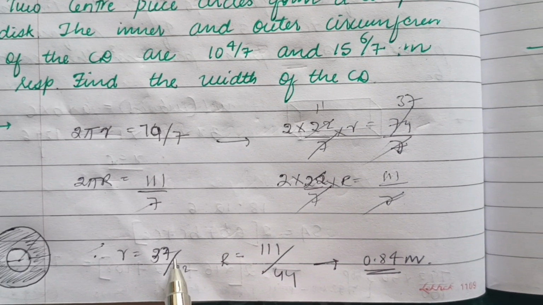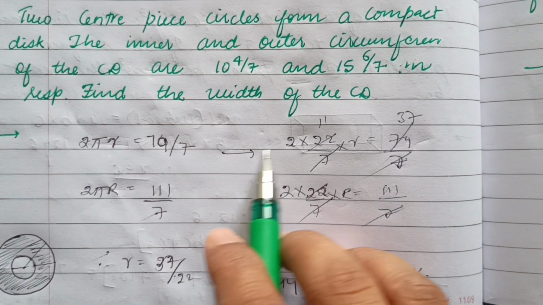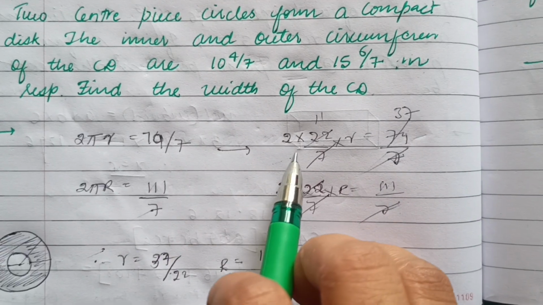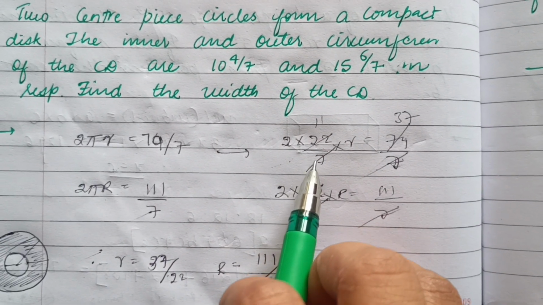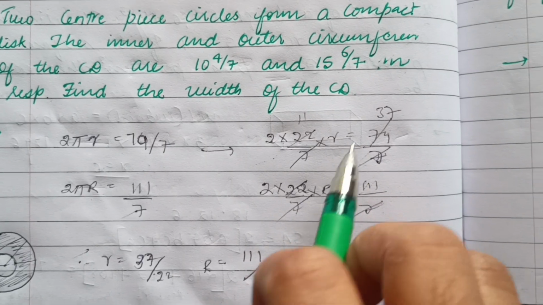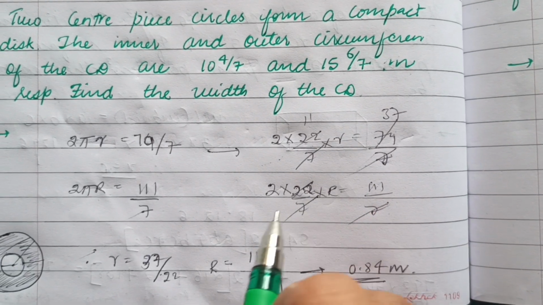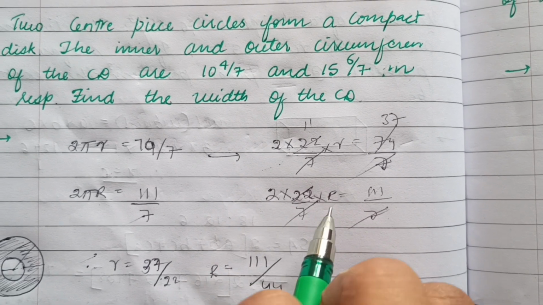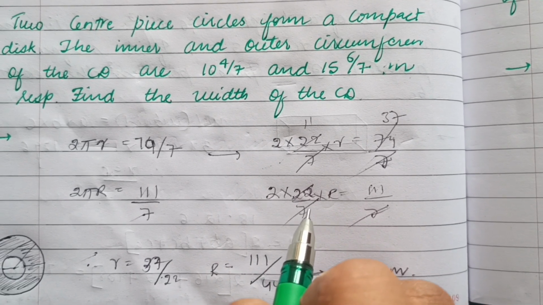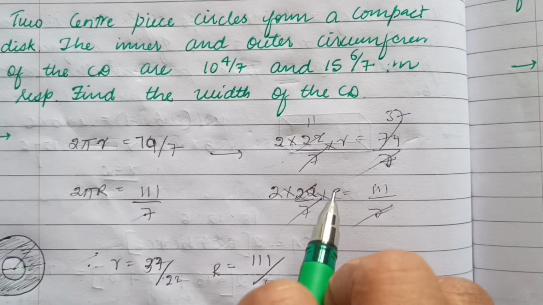So the circumference 2 pi r will be equal to 74 by 7, so 2 into 22 divided by 7 into r will be equal to 74 divided by 7. And for the other, 2 pi r, that is 2 into 22 divided by 7 into r, will be equal to 111 by 7.